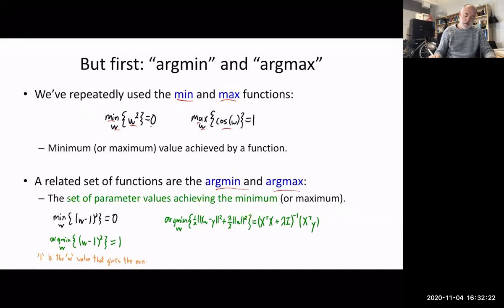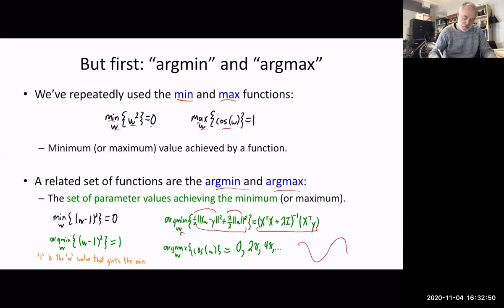So the argmin of the regularized squared loss regression problem is the solution to the normal equation. This is the w that minimizes this expression. The argmax of cosine of w is the set of all even multiples of pi, right? They're all of these points.